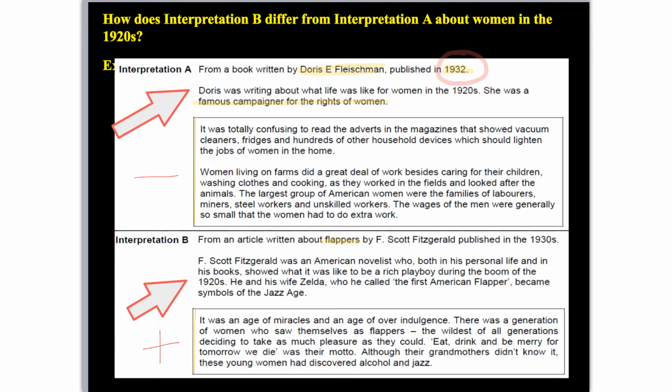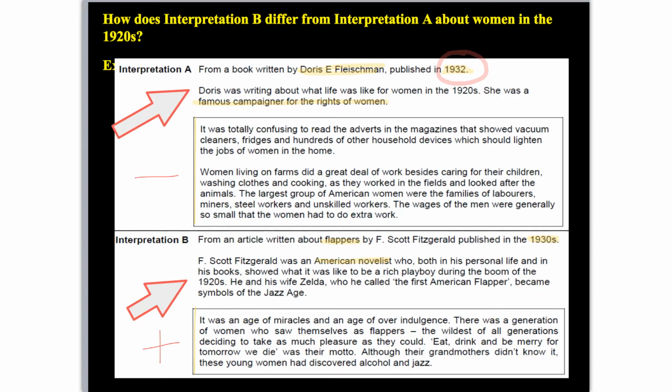Published again in the 1930s. It's not very specific as to exactly when, but we know it's in the period of the Depression. So therefore, he's perhaps looking back upon the period as a whole. Next, we're told that Fitzgerald was an American novelist. So a novelist writing in the Depression, looking back upon the period of the 1920s in the urban environment, might want to reflect, somewhat nostalgically, about what life was like.